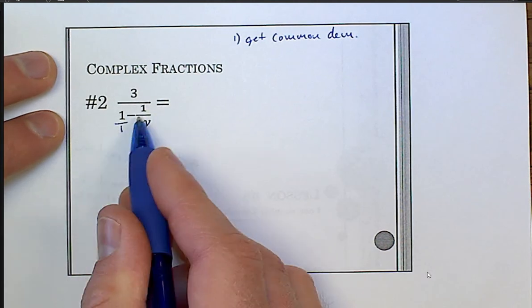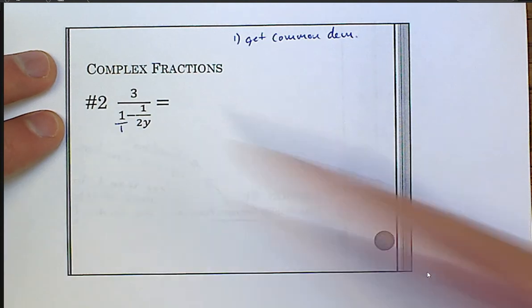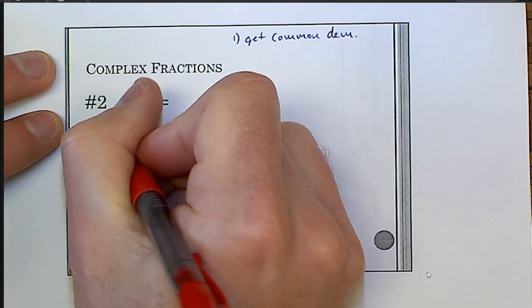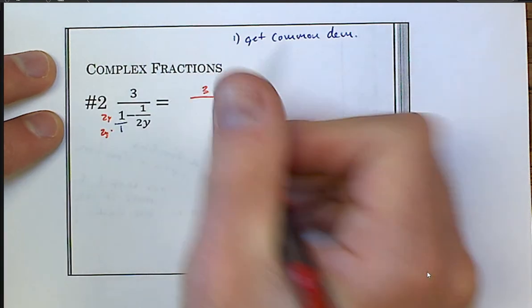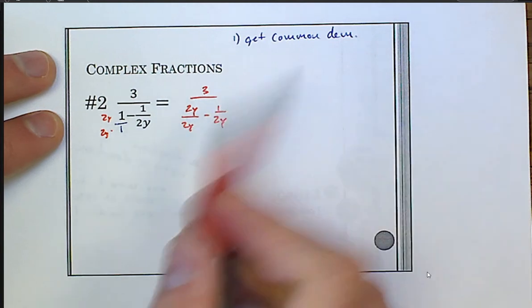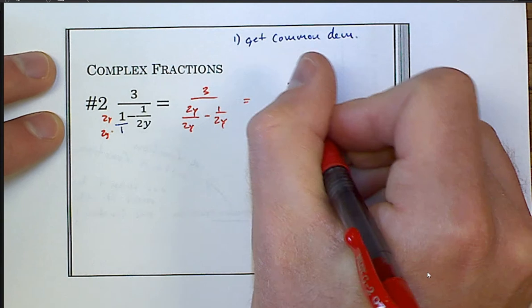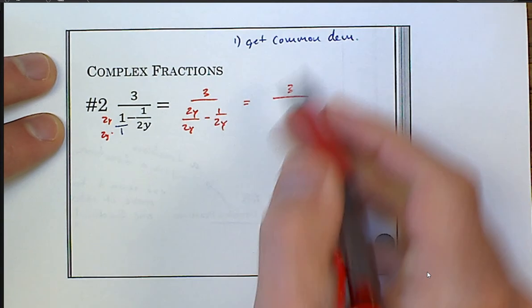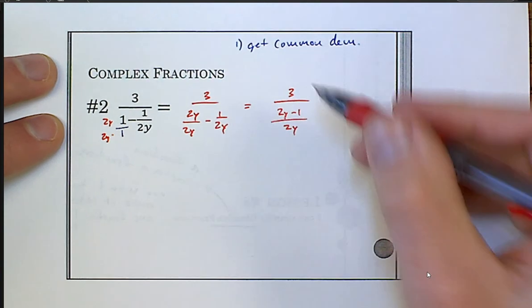I need to combine this with subtraction. In order to do that, I need a common denominator of 2y, right? So really this problem gets written like this: 2y over 2y minus 1 over 2y. Now that I have a common denominator on the bottom, I can rewrite the problem as 3 over 2y minus 1 over 2y. So now I have a fraction within a fraction.